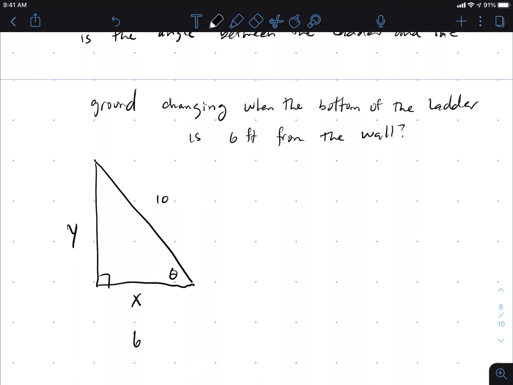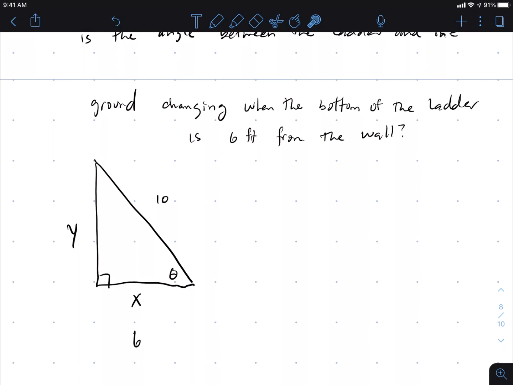Mm-hmm. So if we only want to address this in terms of the angle with known pieces, we want to incorporate this into finding this angle. So we don't know this. We know it's eventually going to be 6 when we do it, but in order to come up with a function, we want to be able to reference the angle with respect to this and the known hypotenuse. Understood?